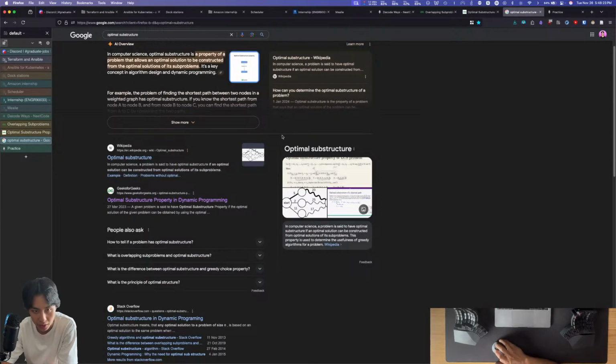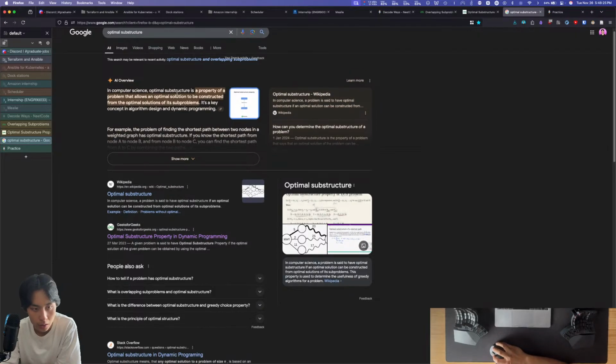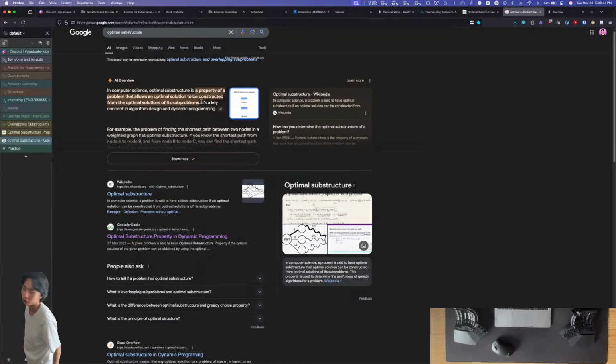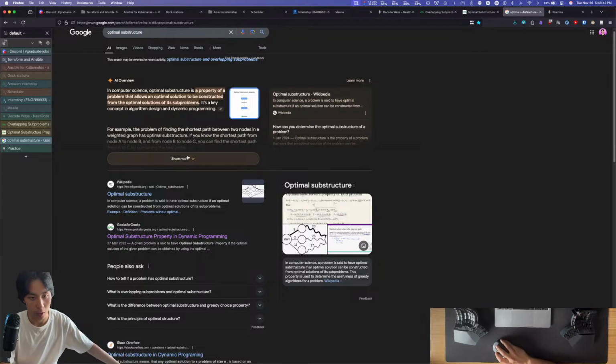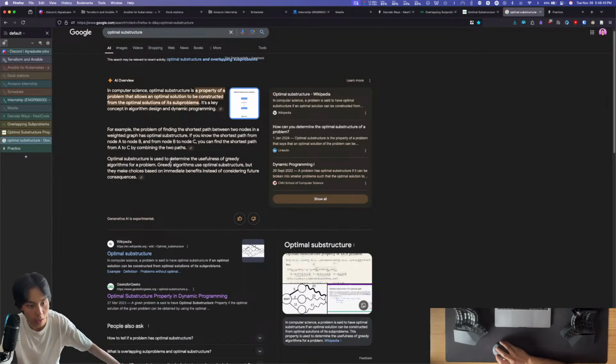Okay, optimal substructure. In computer science, optimal substructure is a property of the problem that allows an optimal solution to be constructed from the optimal solutions of its subproblems. Yeah, that makes sense. It is a key concept in algorithm design and dynamic programming. For example, the problem of finding the shortest path between two nodes in a weighted graph has an optimal substructure.